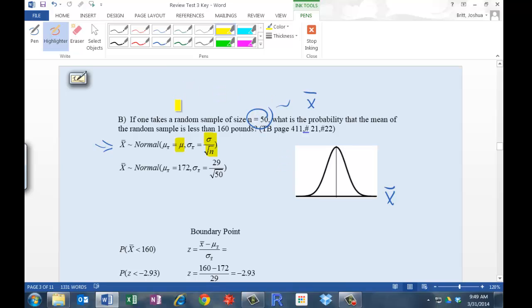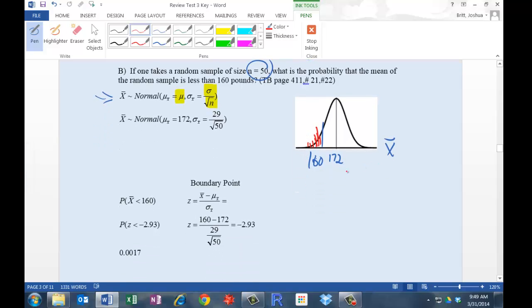So n is 50. Population mean mu is 172. So we want to label the mean as 172, boundary point of 160, and then everything less than 160.